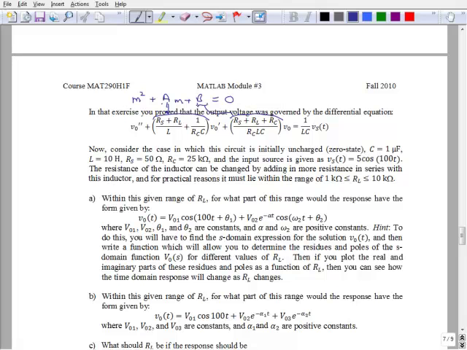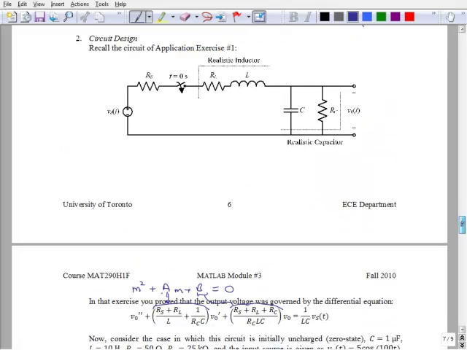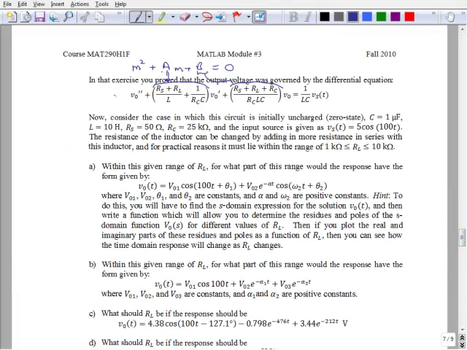And so you first need to find the S-domain expression for your output voltage, and then define that as an S-domain expression in your residue function, and calculate these R and P for every value of this A and B. So it would be exactly the same thing, except here you could put this in a for loop and calculate the value of R and P for each value of your A and B.